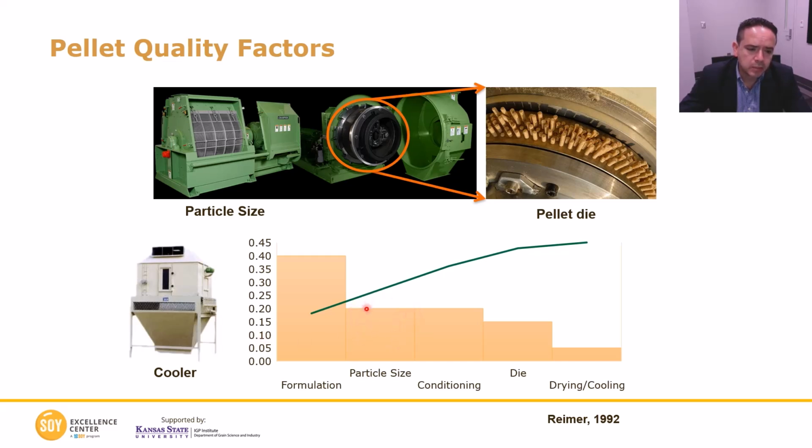Particle size will also influence pellet quality, and if you have small particle sizes, those are going to hydrate better, and they are going to tend to improve pellet quality. However, as I mentioned to you in a previous presentation, you shouldn't sacrifice particle size if you are producing poultry diets.